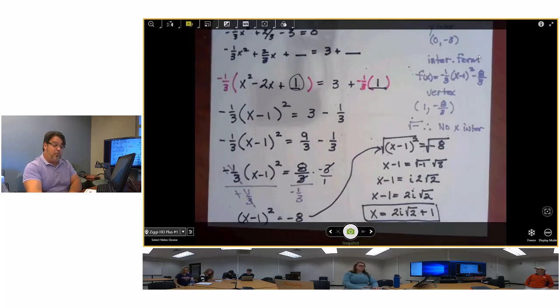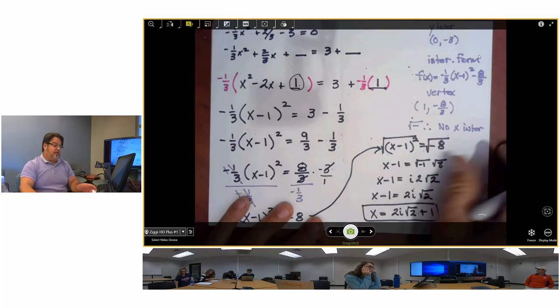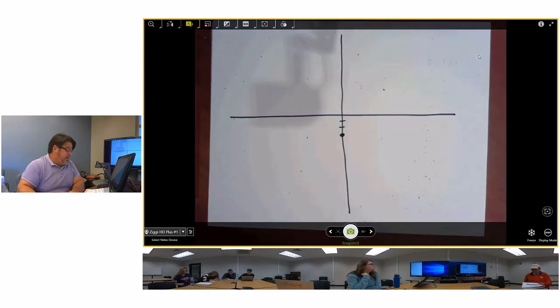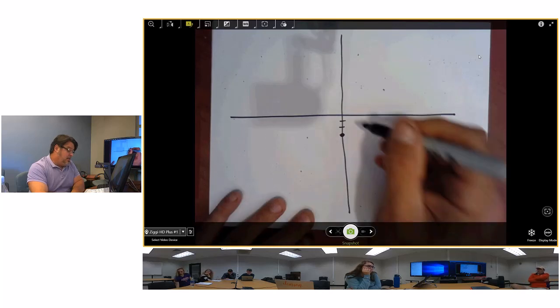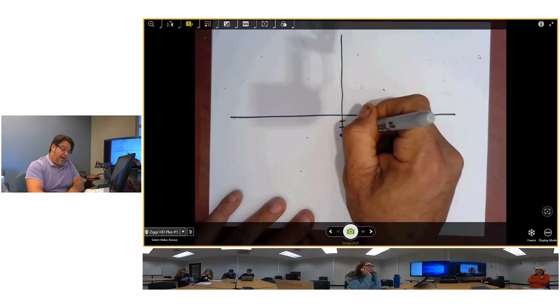Well, what is A? We'll go back to your intercept form. A is -1/3. So, it's negative, so that means it's open downward. So it's not going to cross the x-axis. Well, where's the vertex? Well, the vertex is (1, -2 2/3). 2 2/3 would be right in there.